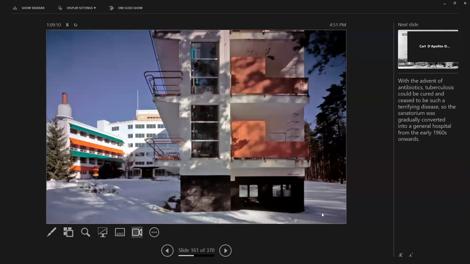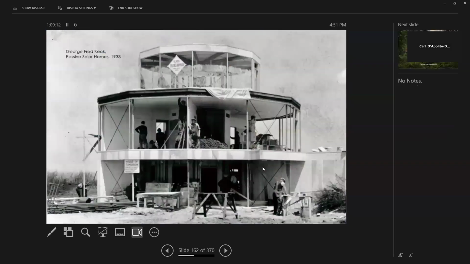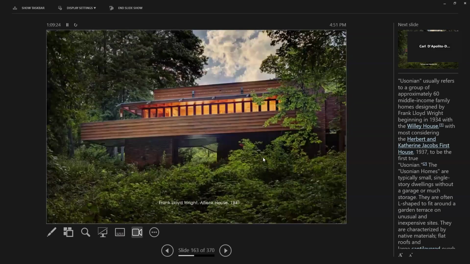Okay. So I was talking about this Aalto project. And then, just to pick up my narrative, I feel like it's kind of interesting.